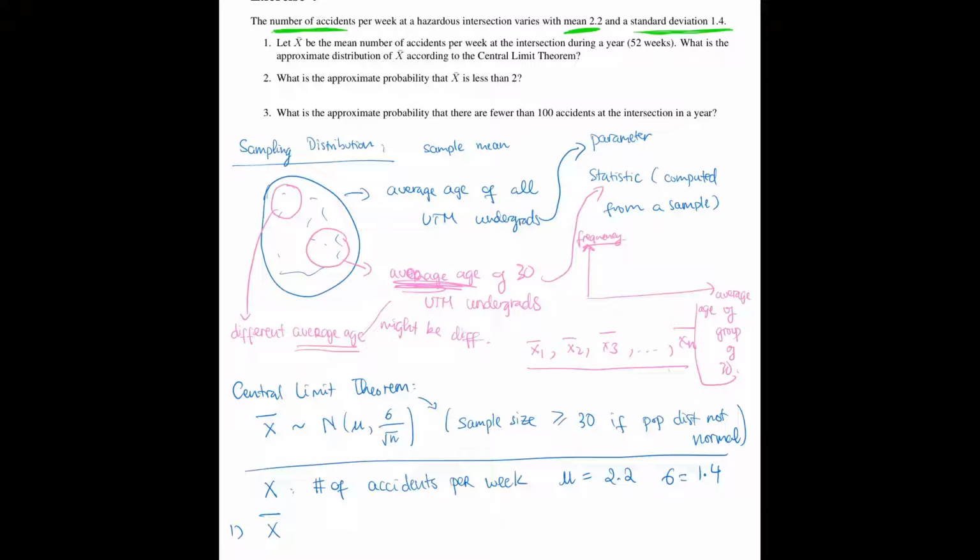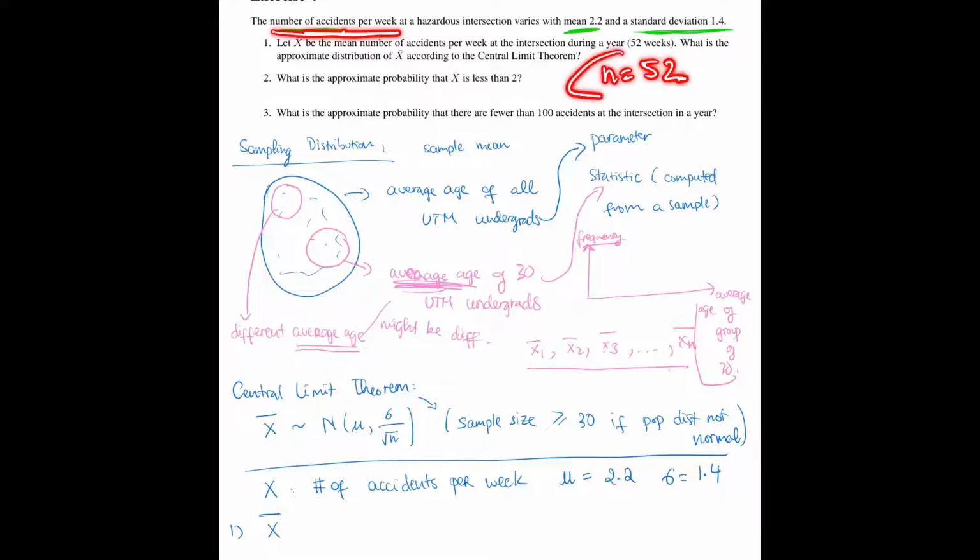We add them up and then divide by 52. That's how we get the average number of accidents during a year, which means that here our n is equal to 52, right? Because we record the number of accidents per week for 52 weeks.